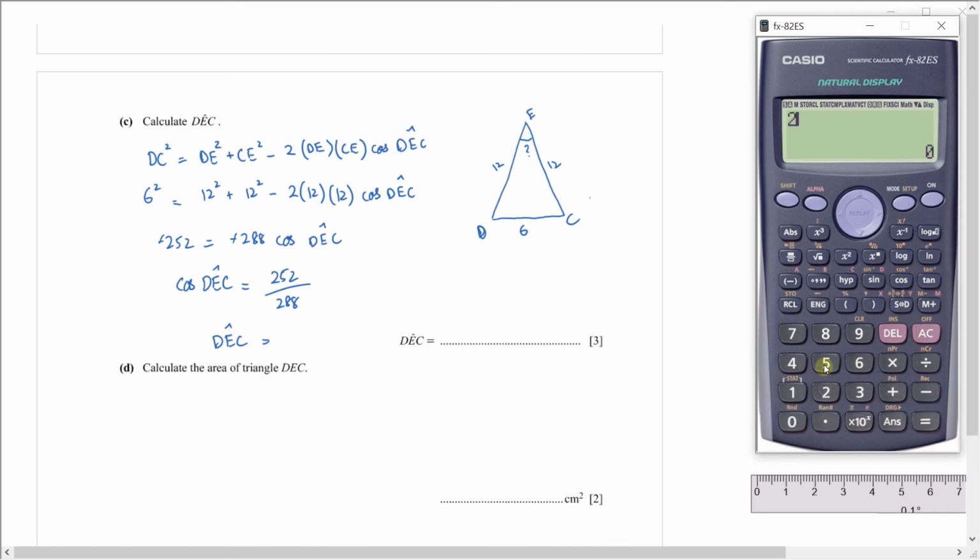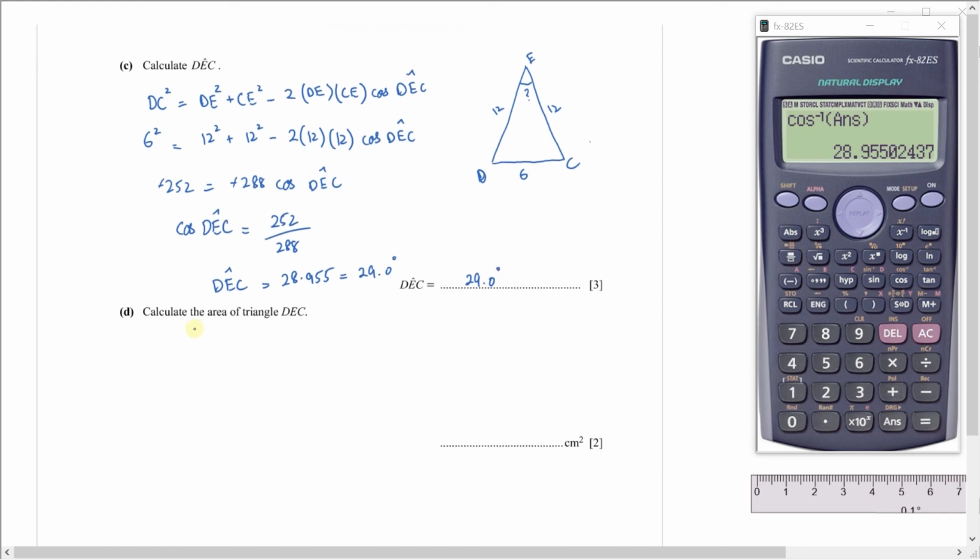So let's calculate this. 252 divided by 288 and then cos inverse of this. So this is 28.955, which is 29.0 degrees up till 1 decimal place. If I want to write it up till 1 decimal place, this is 5, so this 9 will be rounded up, which in turn will round this up to 29 as well. So your final answer here will be 29.0 degrees up till 1 decimal place.